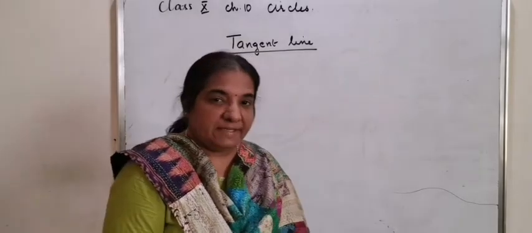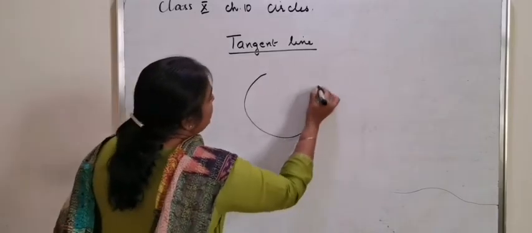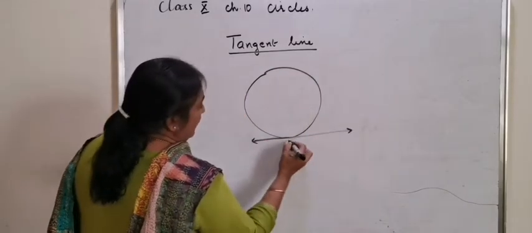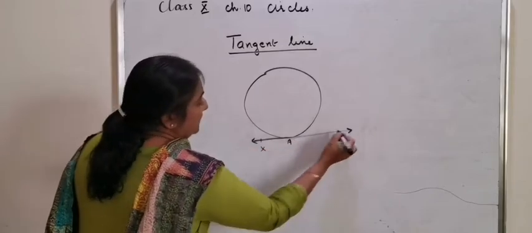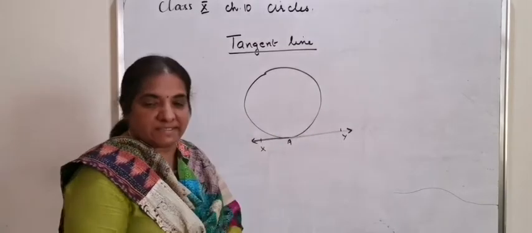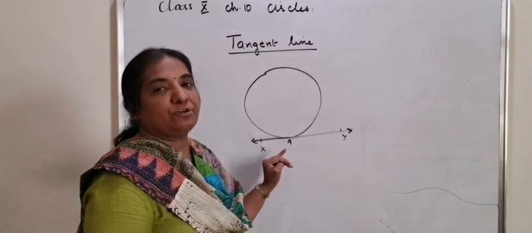As we have defined, a tangent line is a line which touches the circle exactly at 1 point. In the figure, we call XAY a tangent. That is the way of reading by including the point of contact.